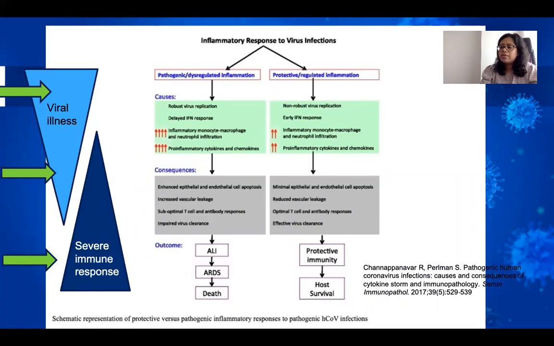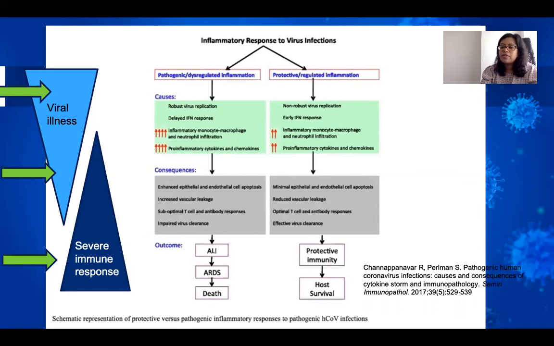So the green arrows are points at which different treatments may be able to help. The top arrow is in terms of trials looking at treatments that combat viral replication. The middle green arrow is perhaps where drugs or combinations of drugs attack both the virus and subdue the overactive immune response.